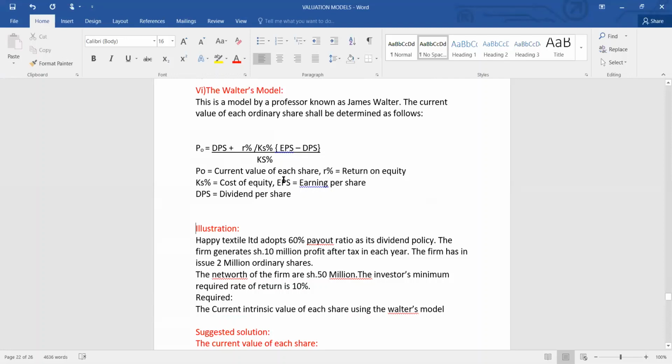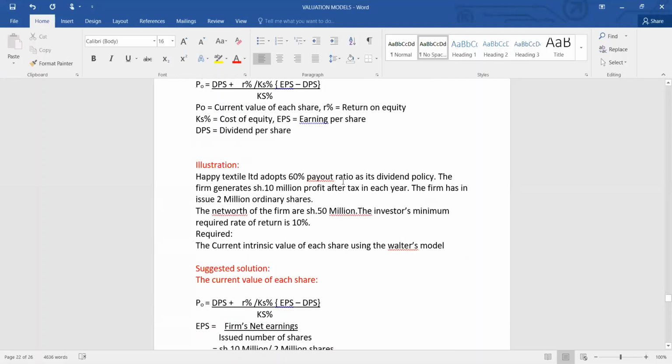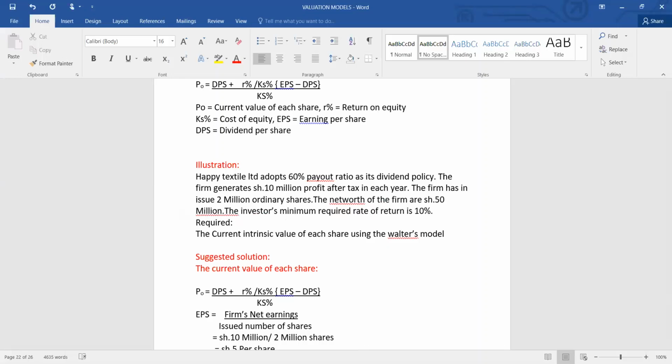Happy Textile Limited adopts a 60% payout ratio as its dividend policy. The firm generates 10 million profit after tax in each year. The firm has in issue 2 million shares. The net worth of the firm, net worth is equity, is 50 million.